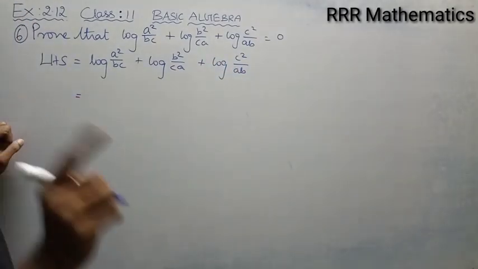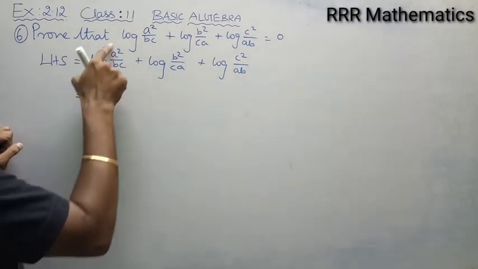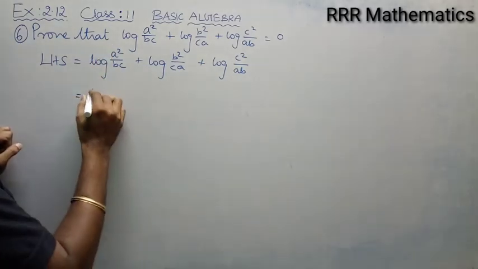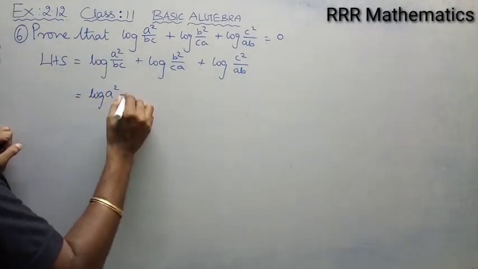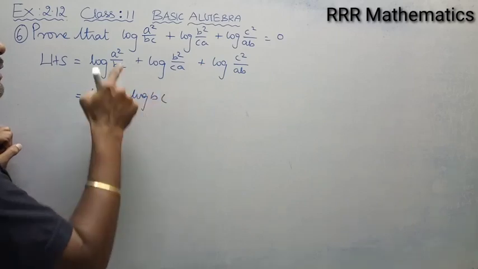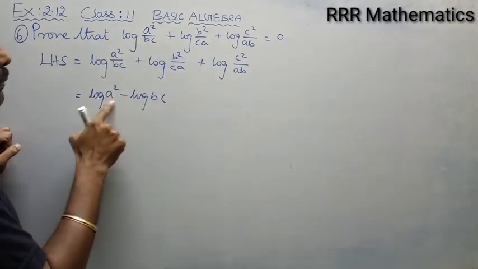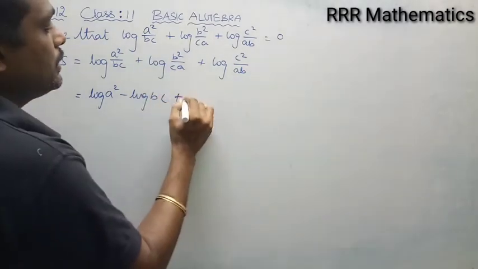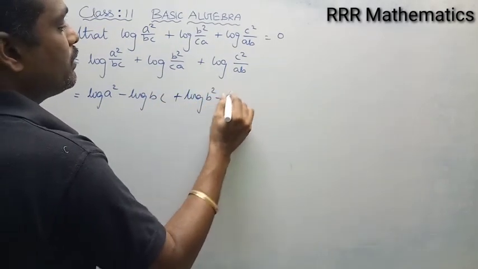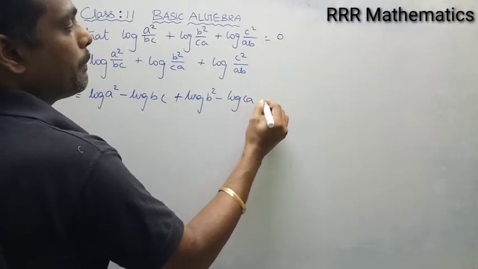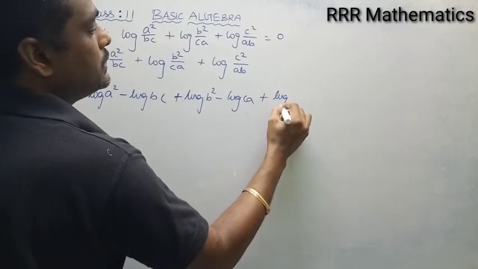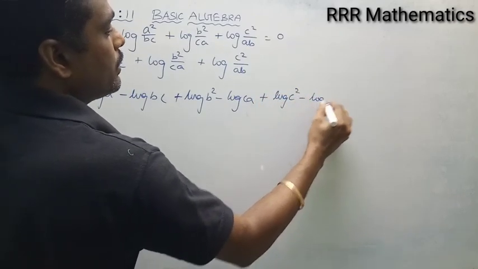I will use the quotient rule in reverse. What is log m by n? Log m minus log n. Got it? Similarly, log b square minus log ca, and this is log c square minus log ab.